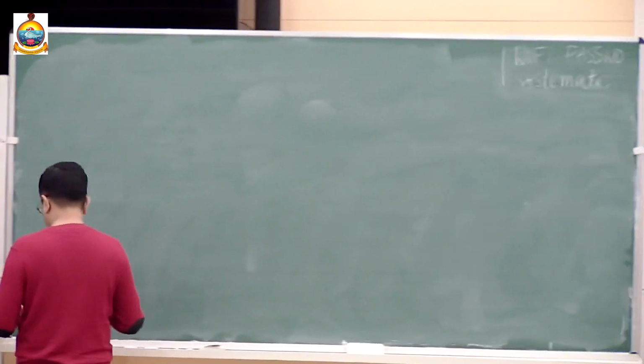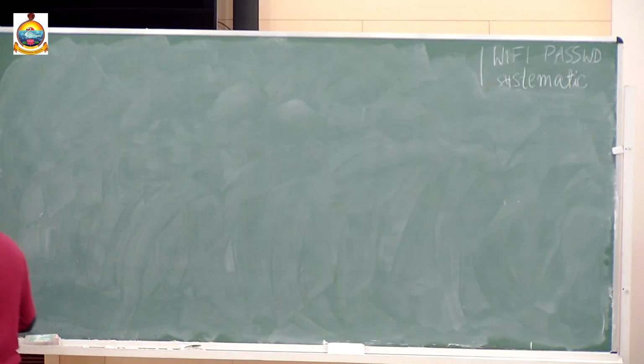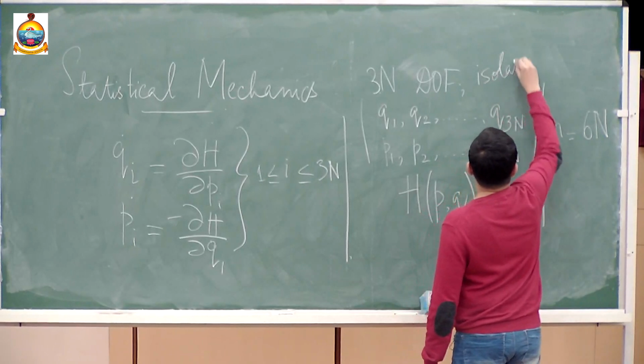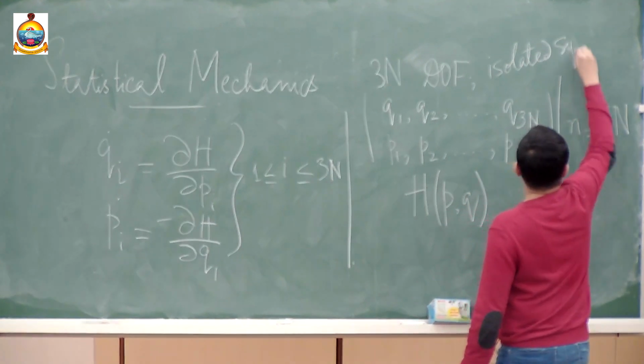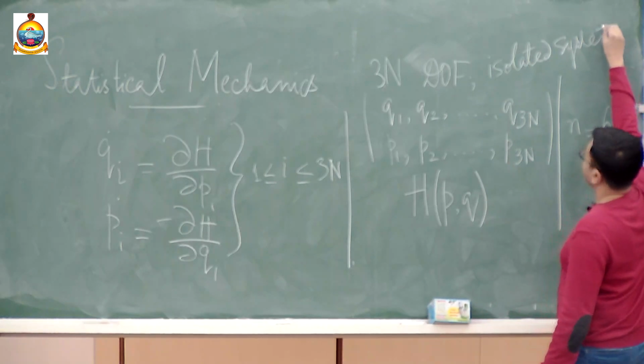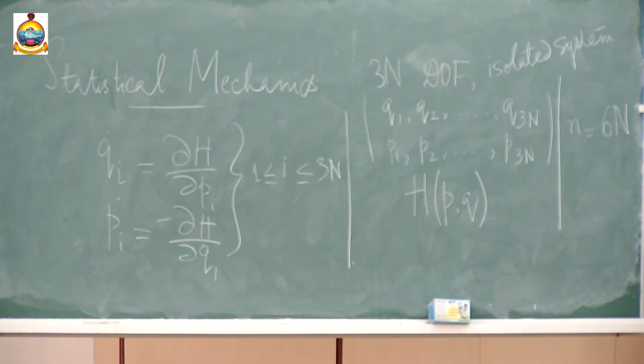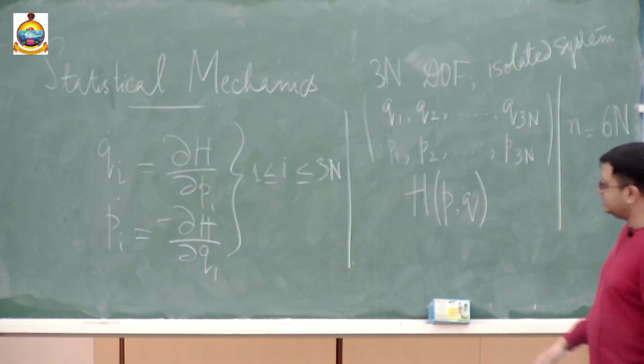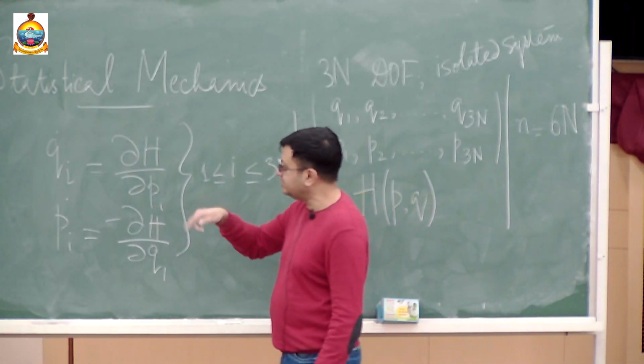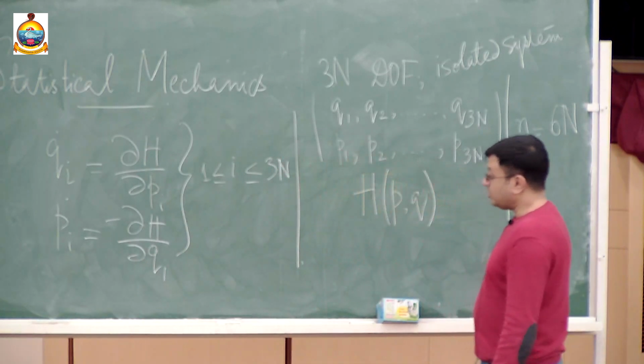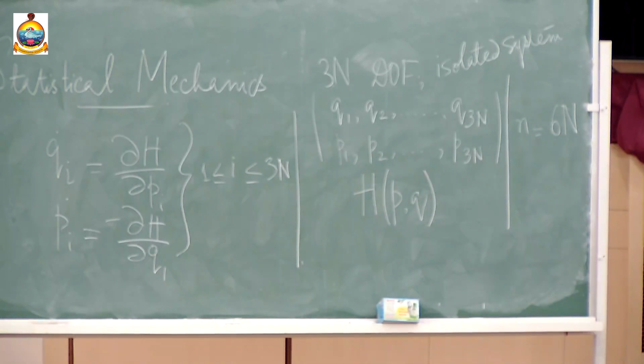The setup is that I have 3n degrees of freedom and an isolated system. For an isolated system, we have seen many times that the total energy is a constant of motion. You start out with some amount of energy, and as the P's and the Q's evolve in time, the total energy of the system remains constant. It doesn't change as a function of time.